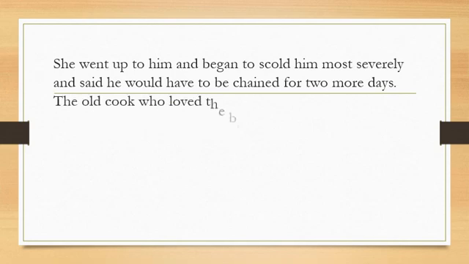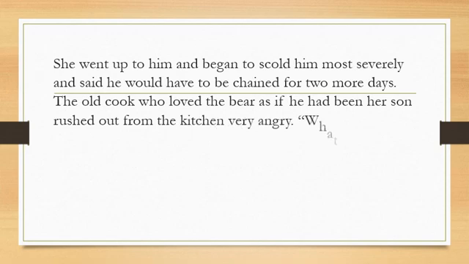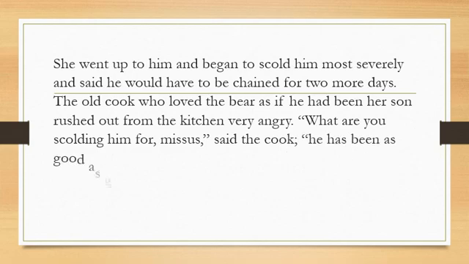The old cook, who loved the bear as if he had been her son. So cook used to love the bear a lot as if he was her own son, rushed out from the kitchen very angry. Now she was very angry and she sprang on the mistress. What are you scolding him for, Mrs.? said the cook. He has been as good as gold the whole day.